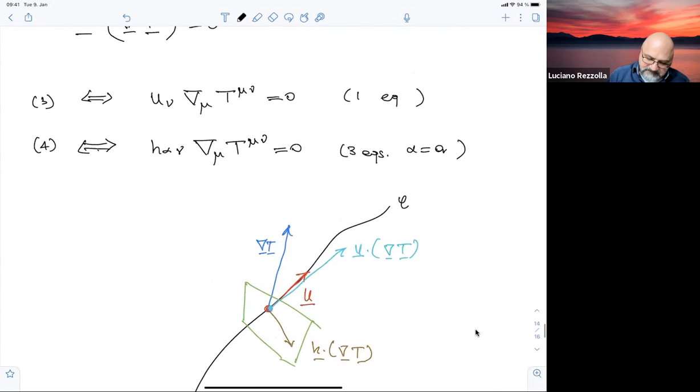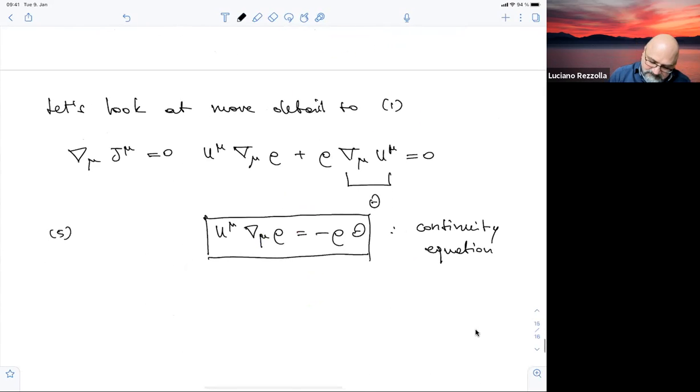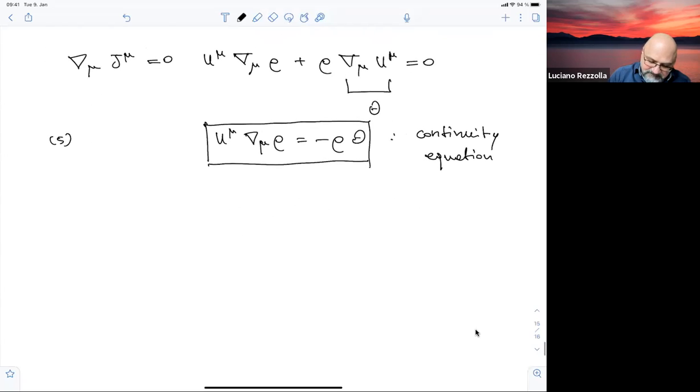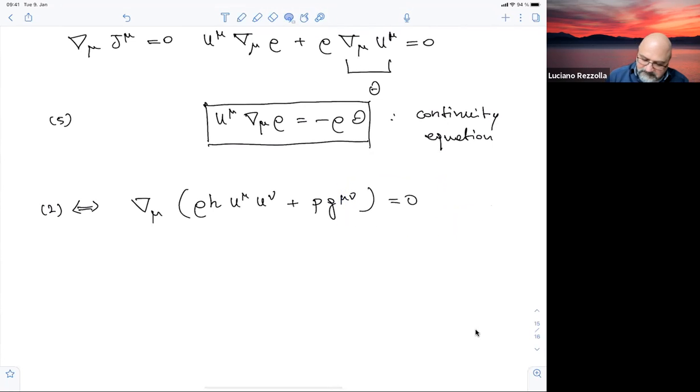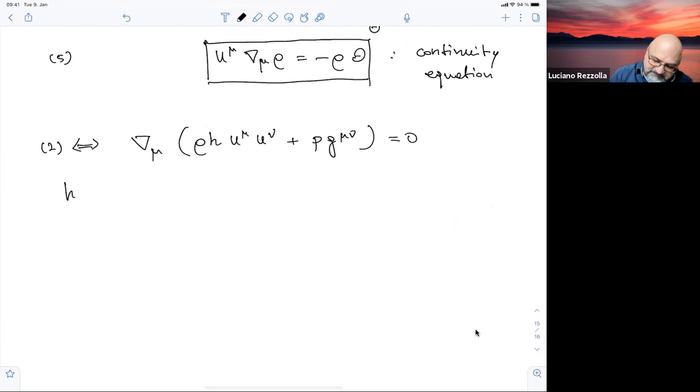Let me number this 5. Equation 2, I can also write it as ∇_μ of T^μν in a way which is somewhat different. I write it as ρ h u^μ u^ν + p g^μν, where h is called the specific enthalpy.